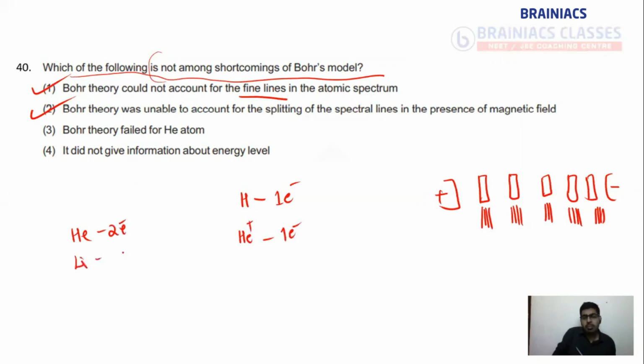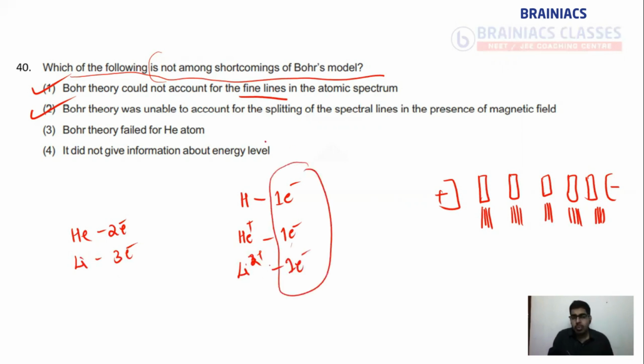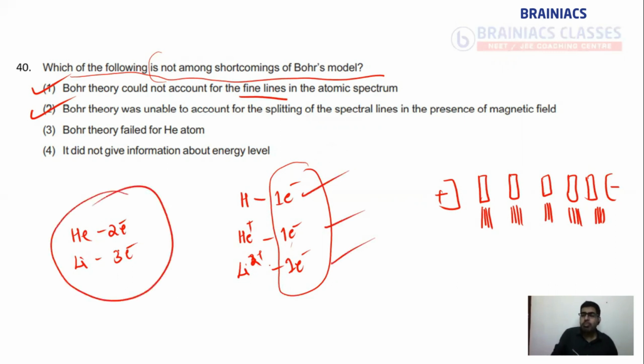It could not explain the line spectrum of lithium, but it could explain that of the Li2+ ion, because all these species have 1 electron. So Bohr theory could explain the line spectrum of one-electron species, hydrogen, He+, Li2+, etc., but could not explain the line spectrum of species with more than 1 electron. So Bohr theory failed to explain the helium atom.